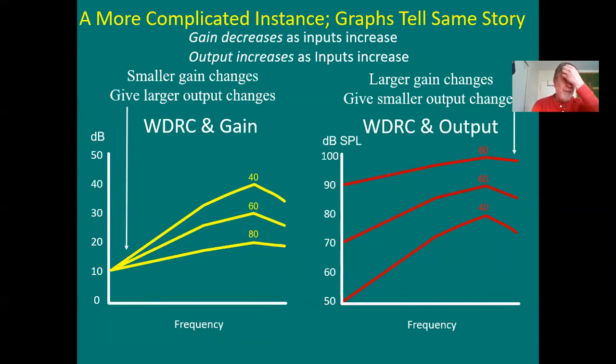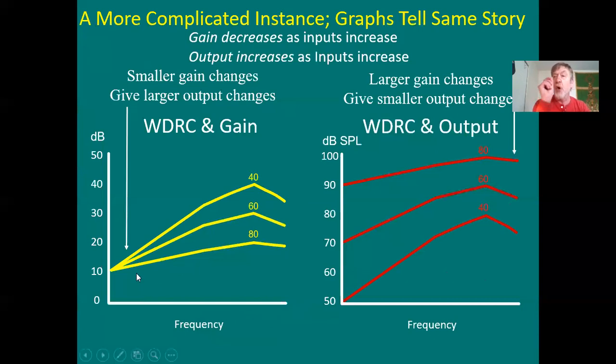And we said last week a more complicated case when you've got the same gain offered for the different input levels. And when you're talking in terms of output, the lines look like this. Then don't freak, just let the graph talk to you. Because when you're having a 40 decibel input, and your gain is looking like this yellow line, this is just a fictitious target gain or a fictitious frequency response of a WDRC hearing aid.